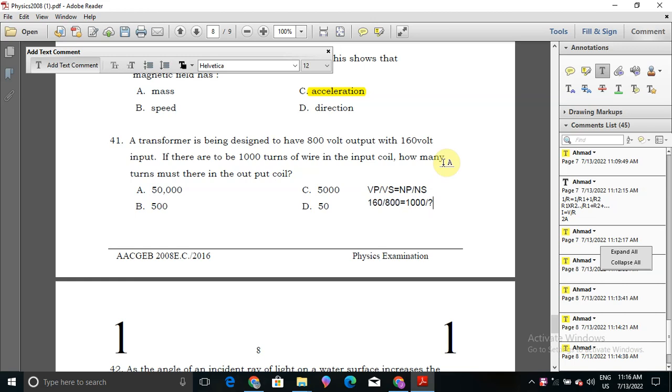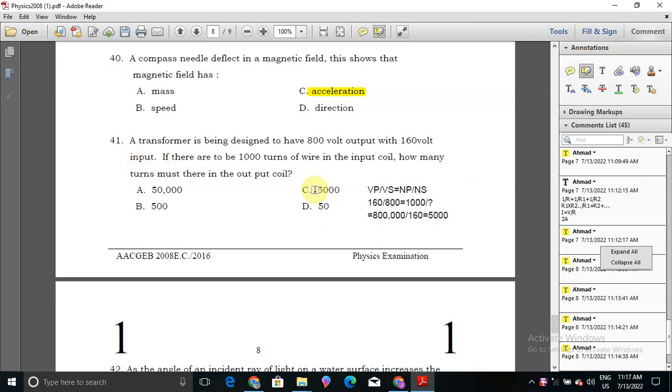Now after cross multiplying, what we will get here is 800,000 over 160, right? Then the last answer will be 5,000. So the correct answer for question number 41 is C.